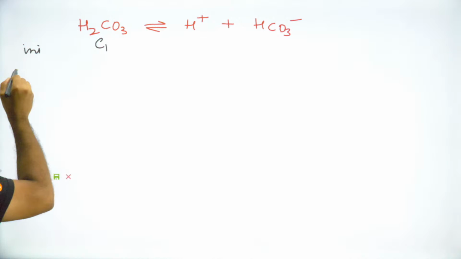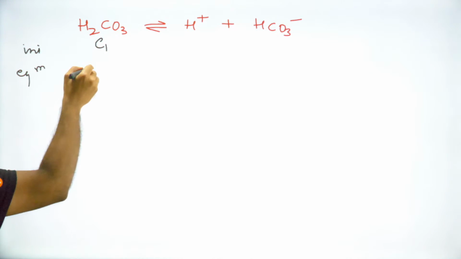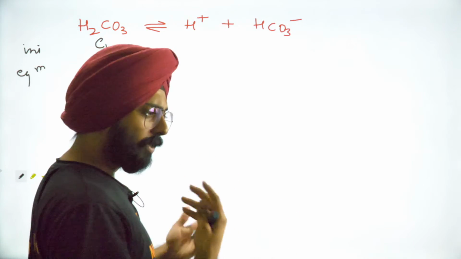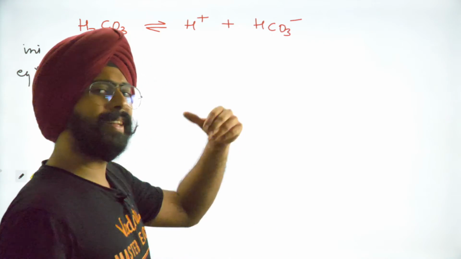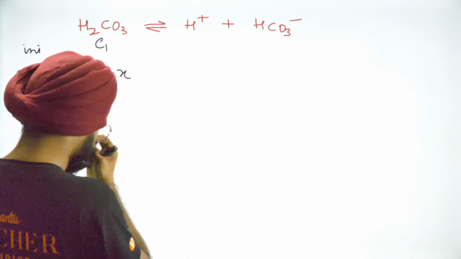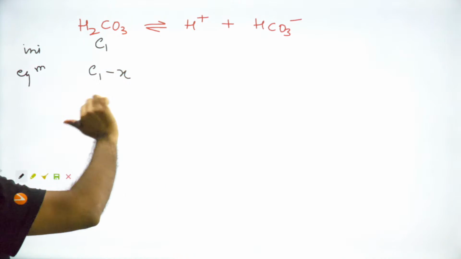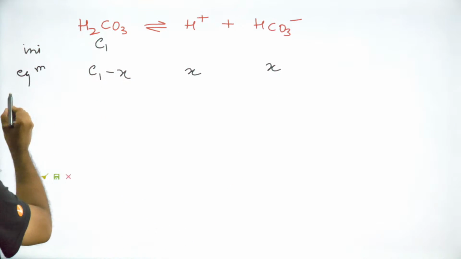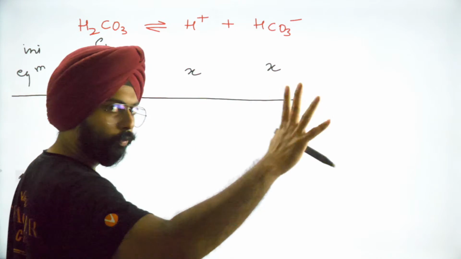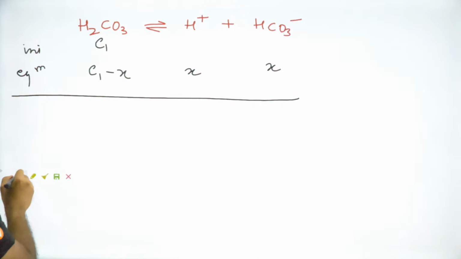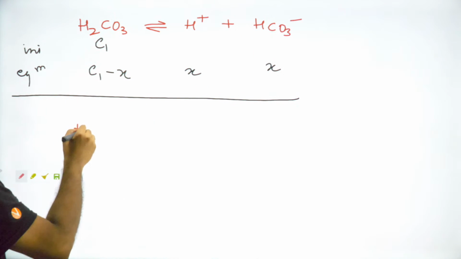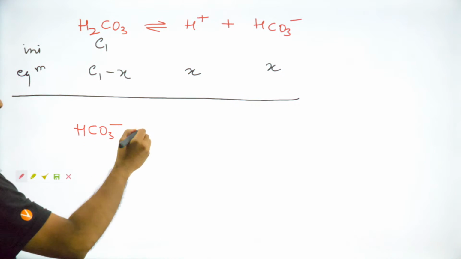So at equilibrium, I will assume that this is C1 minus X. Again, for simplicity, let's assume X. We'll talk about degree of dissociation when it is asked in the question. ठीक है, तो यहाँ पे भी C1 minus X, this will be X, this will be X. First reaction is over. Now let us write the second reaction. Second reaction is when this starts acting as the acid.